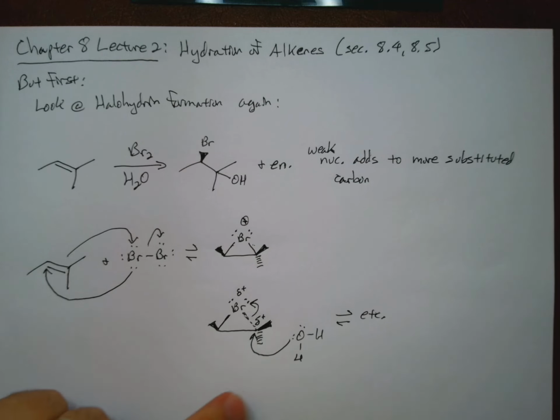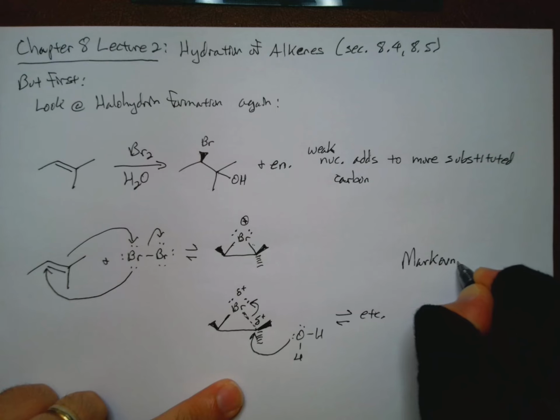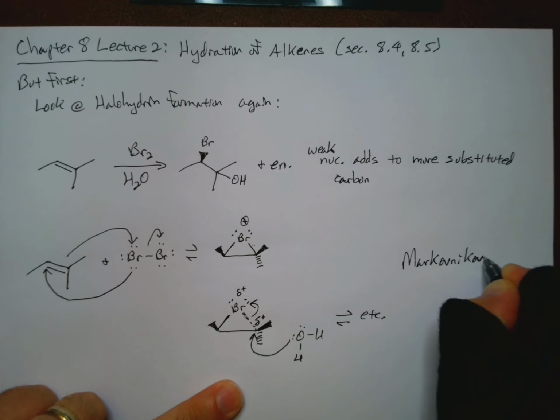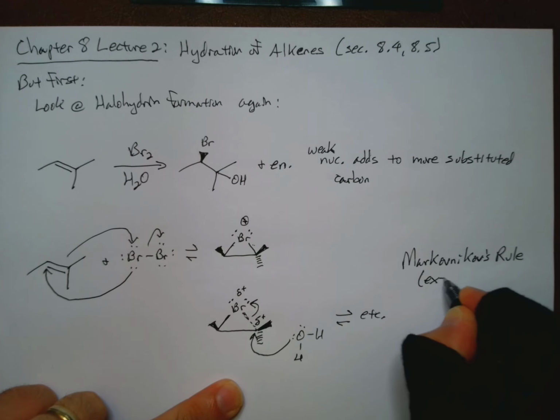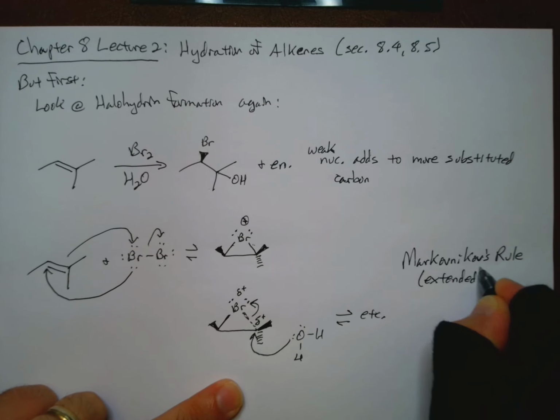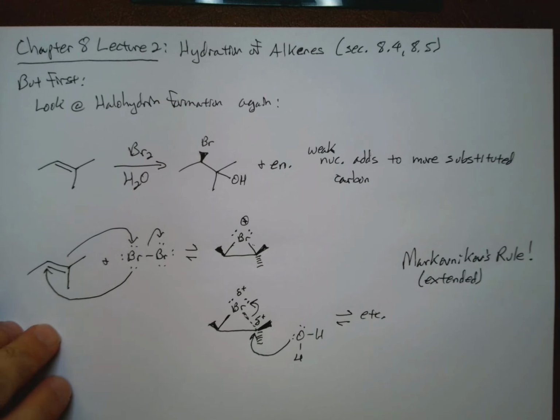This is actually an extension of Markovnikov's rule. The most stable intermediate or transition state is going to be the one that forms. And this becomes important when we look at hydration of alkenes.